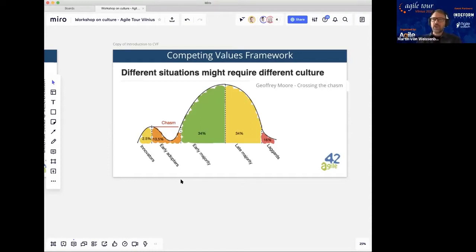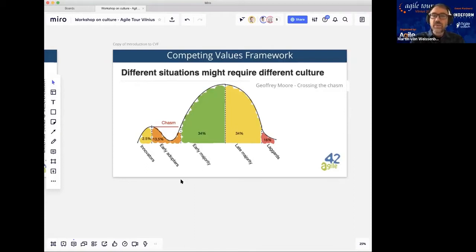You have salespeople who are trying to gain 0.0001% of the market. So you are going around to different restaurants saying, hey, wouldn't you like to switch, Pepsi sucks, Coca-Cola is great, or the other way around, depending. So that's what kind of a culture you would like to have then in the late majority and the laggards.